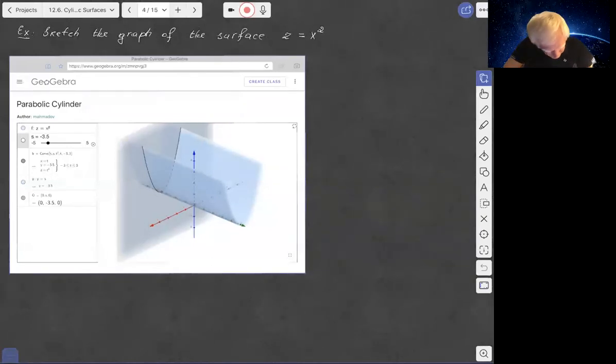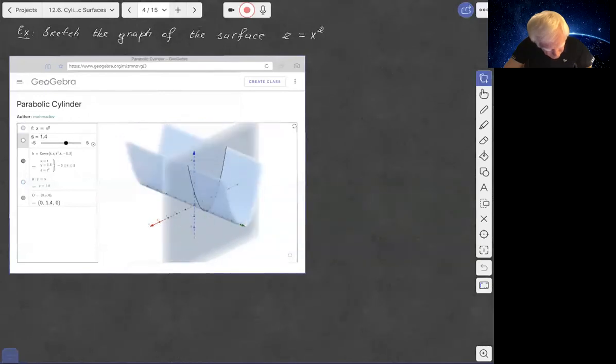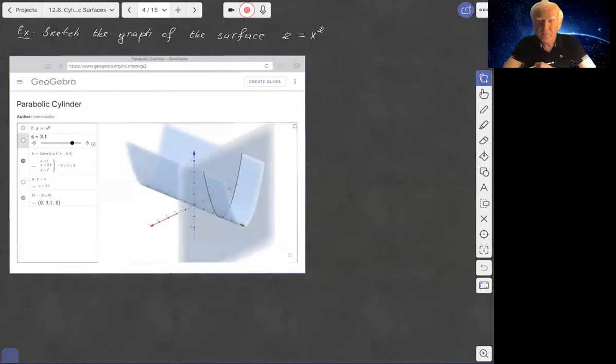Look at that. Every intersection is a parabola. This surface is called a parabolic cylinder. Again, it is called a parabolic cylinder. All right, so this is how we can sketch cylinders using their traces.